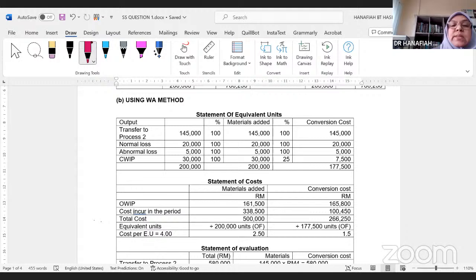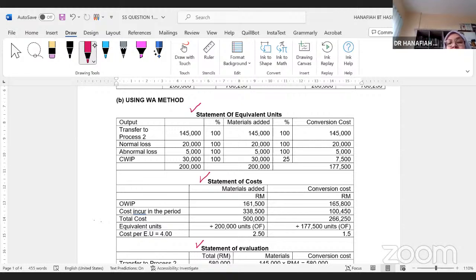One is statement of equivalent unit and statement of cost and statement of evaluation. All right. We have simplified from the previous format that you have in your slide. Okay, we slash the input because we don't use that input actually. We only focus on the output here.